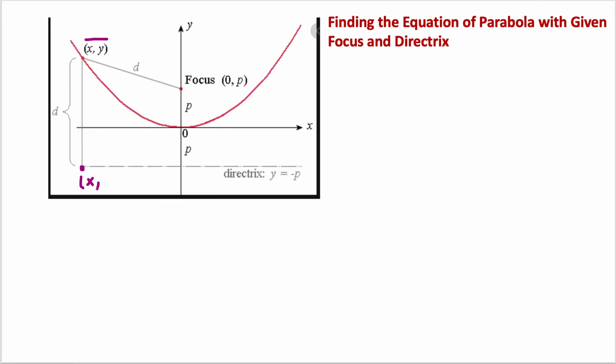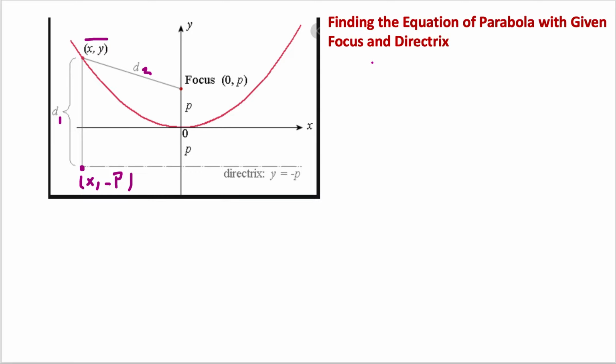The other coordinate is the distance minus p. Let's call this distance d1, and this distance d2, because they are the same distance.